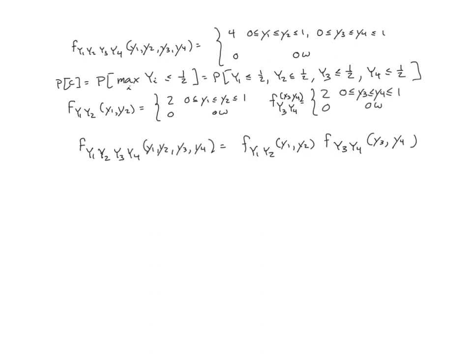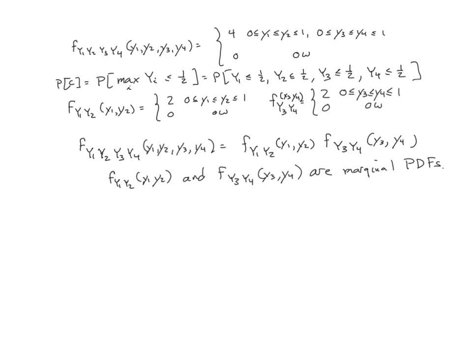So if you read section 5.10 of the book carefully, you would know that we would say that f of y1, y2 and f of y3, y4 are versions of marginal PDFs.